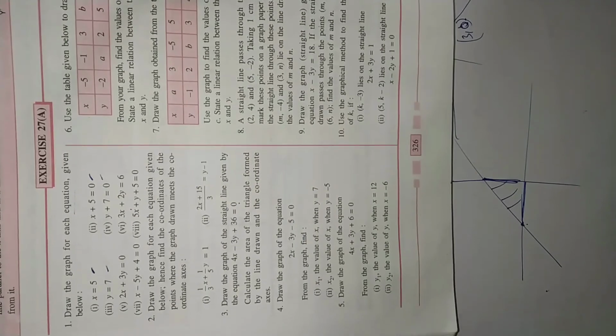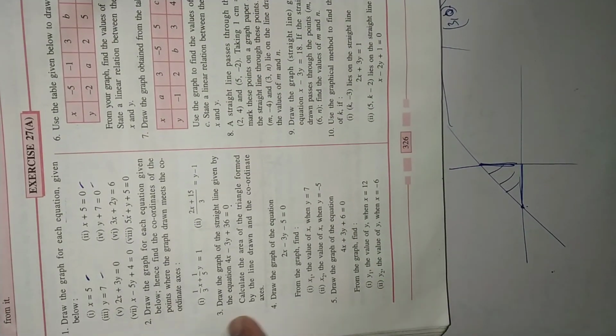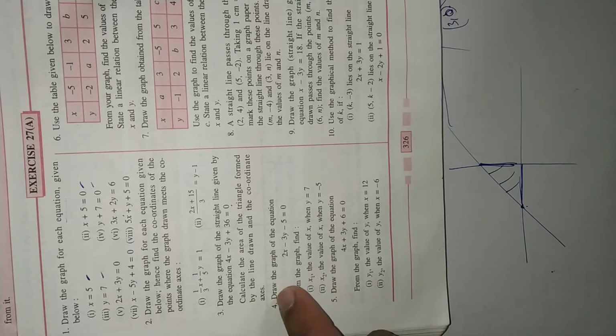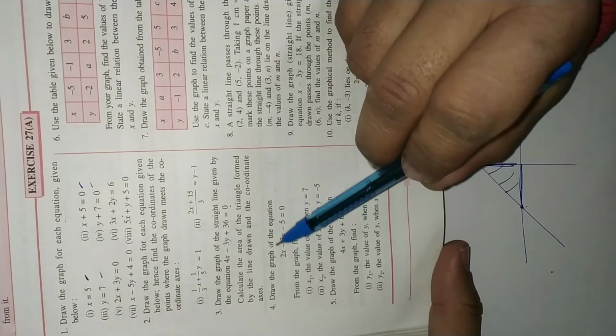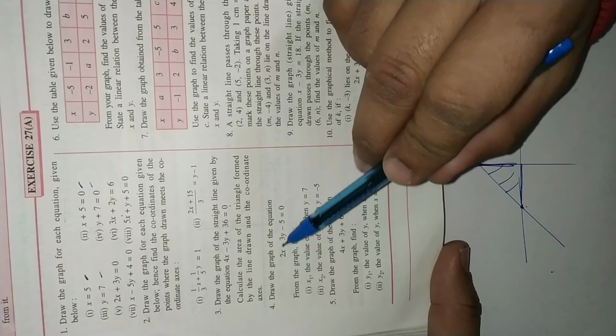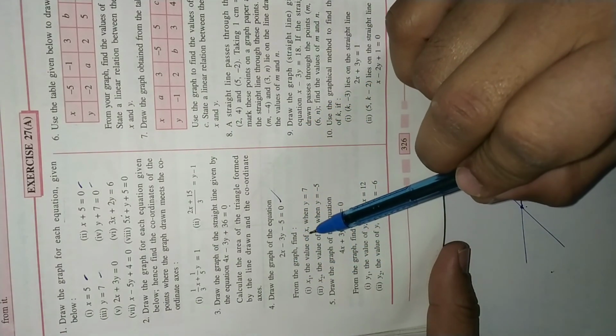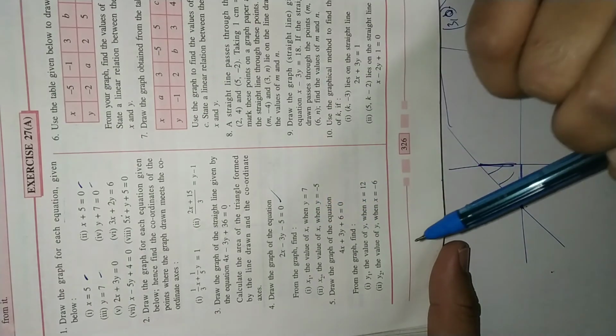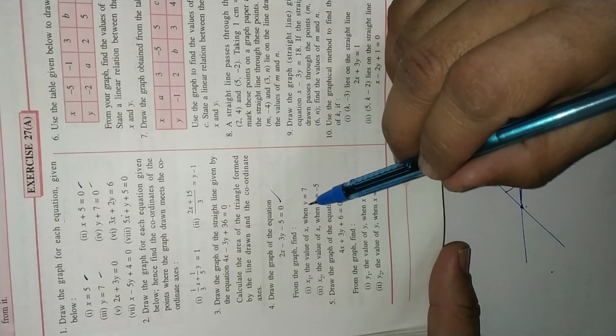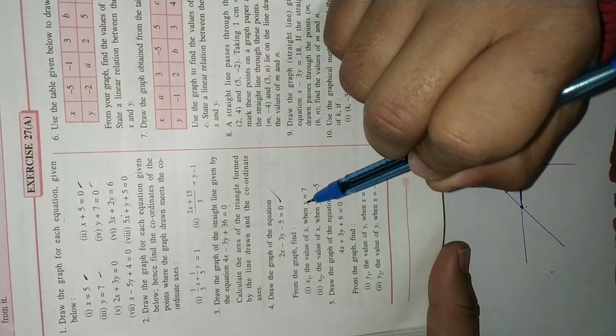Okay, these questions are easy enough, you can easily solve them, so I am just explaining the questions. Again here you have to draw a line using this equation. From the graph find the value of x when y is equal to 7.